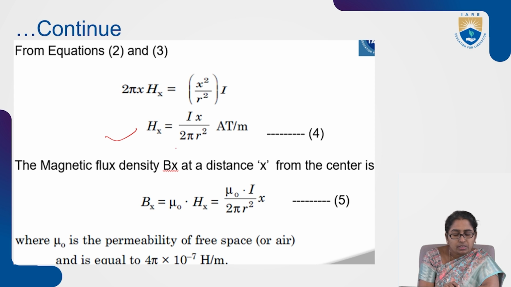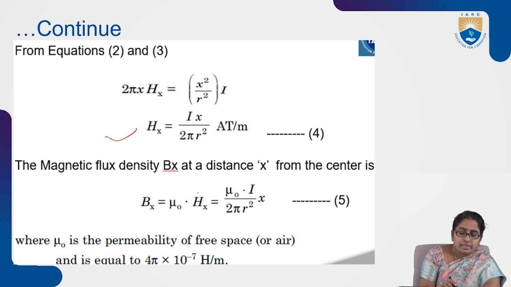Now from this, the magnetic flux density B is given like this, denoted with B suffix x.